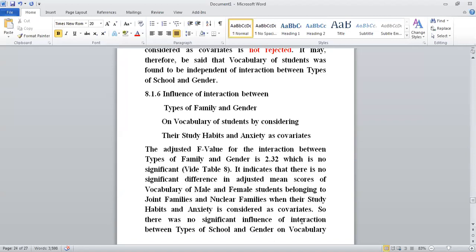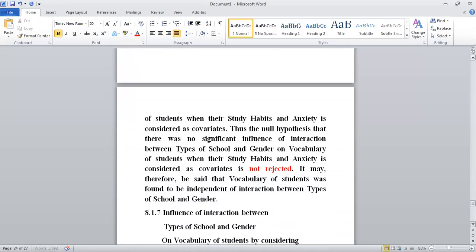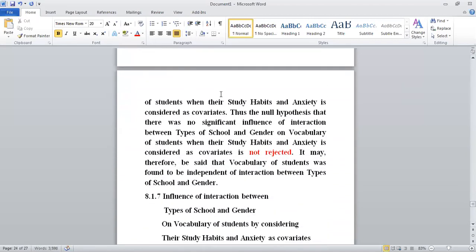So there is no significant influence of interaction between types of families and gender on vocabulary of students when their study habit and anxiety is considered as covariate.